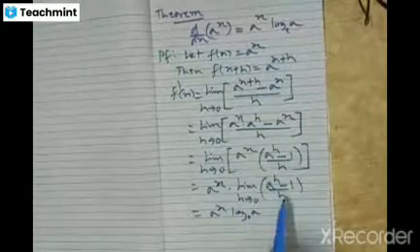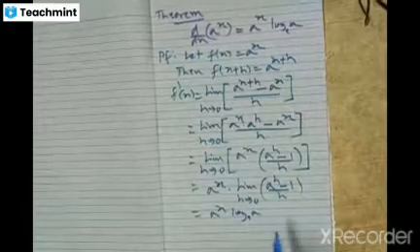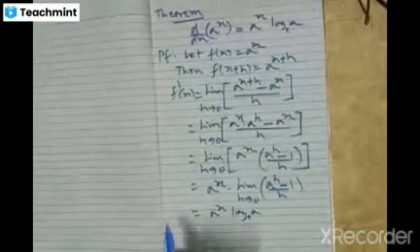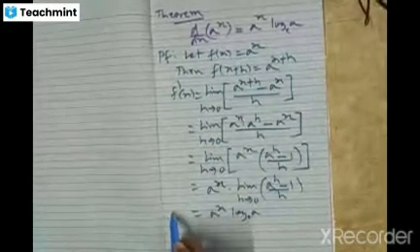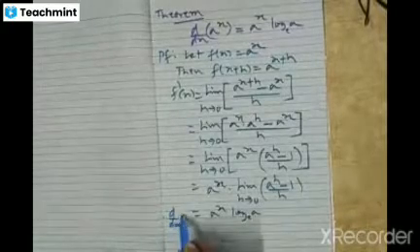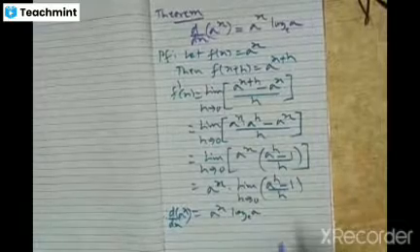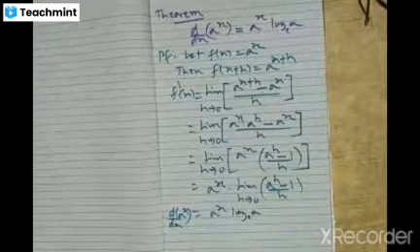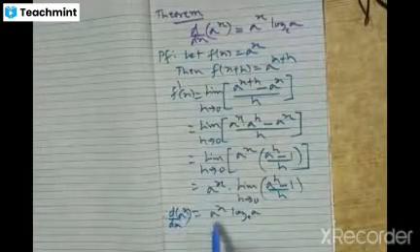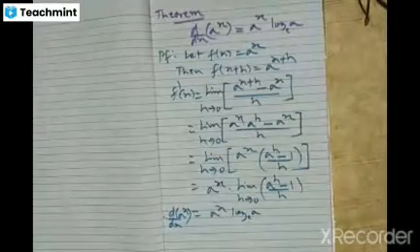Okay, I have already discussed this in the very first class. Therefore, d by dx of a power x is a power x into log a. Understood? D by dx of a power x is a power x into log a.